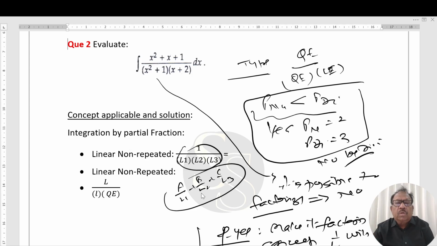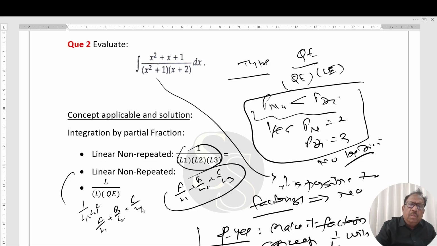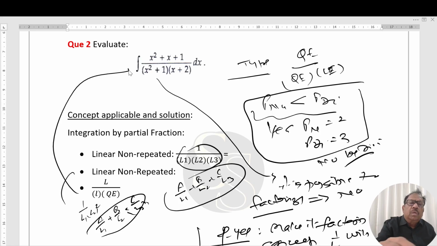I have discussed initially the linear non-repeated case. For a repeated linear factor, L1 and L2 whole square, it is A over L1 plus B over L2 plus C over L2 whole square. In this case, make the coefficient comparison. And for linear upon linear, I have discussed that here. These are all the types of partial fractions I have discussed here.